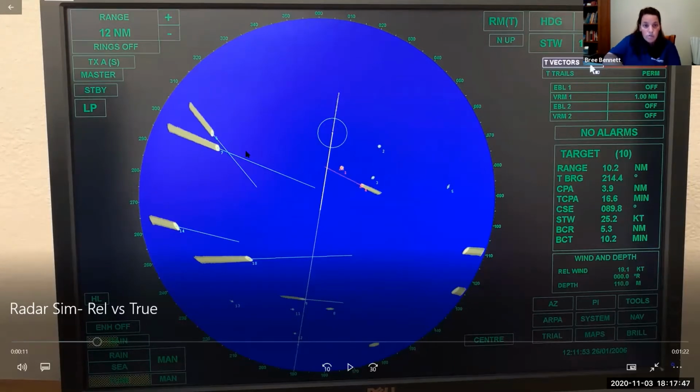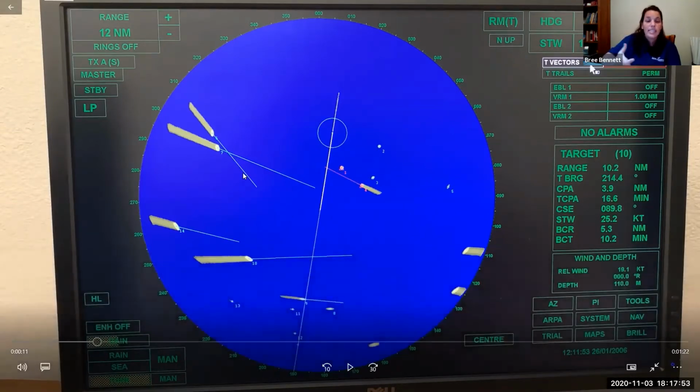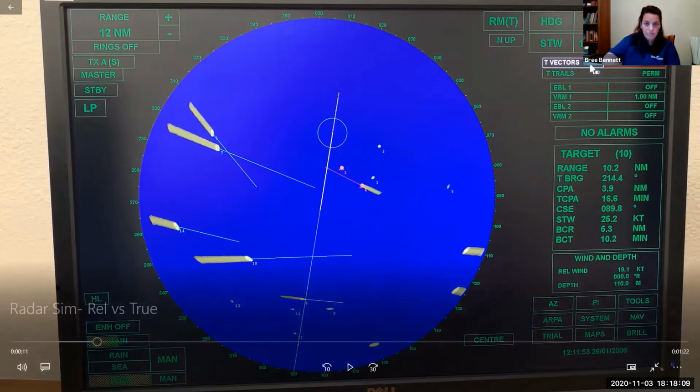So this is the true motion. This helps us figure out what situation it is. Am I the give-way vessel? Am I stand-on? How can I figure out where they're going? And I definitely don't want to cross ahead of someone if I'm the give-way vessel.